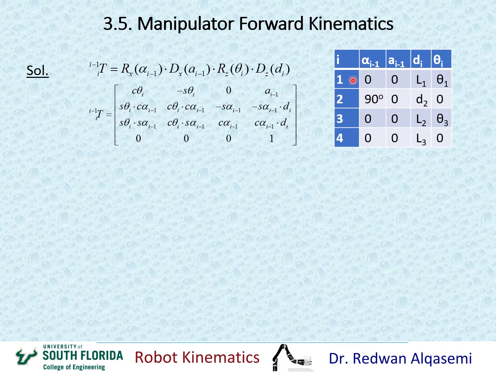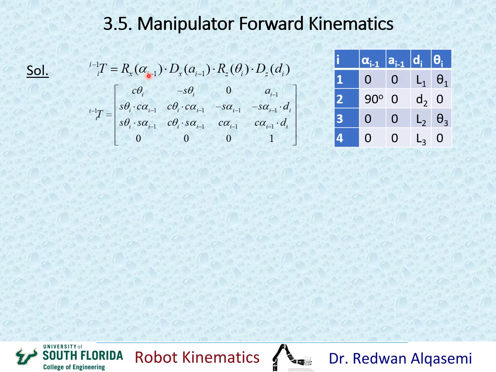So what I'll do is I'll find T01, and then for alpha 0, a0, d1, and theta 1, I'll substitute them here. Or I can look at this. Since the first alpha here is 0, that means rotation about x by alpha would be identity, right?